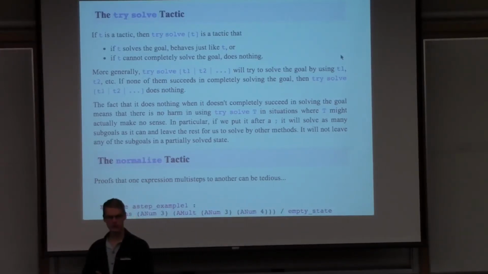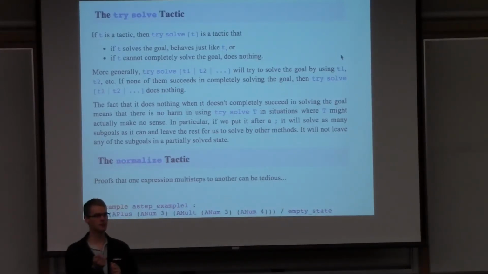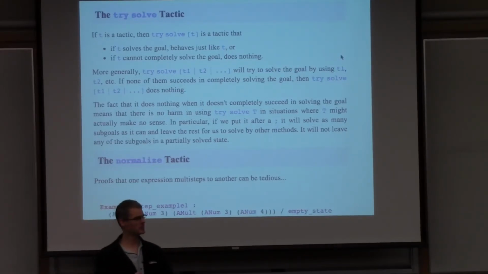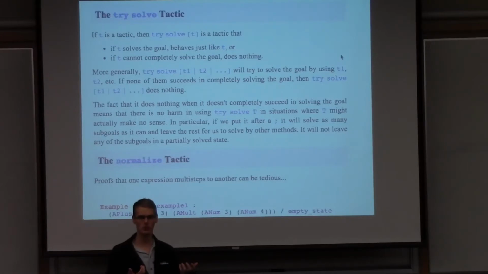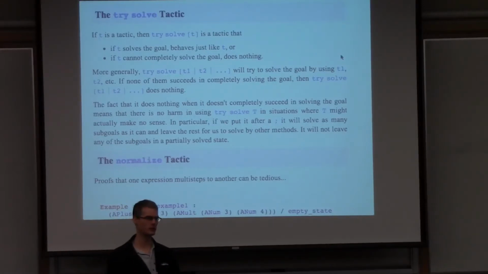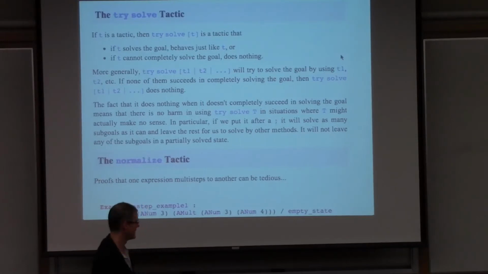Sometimes that's not what you want. Sometimes you want to try a tactic, but if it doesn't fully solve the goal, it's going to leave your goal state in a kind of mangled form that'll be confusing, or you don't actually want to continue in that direction. You just wanted to take one step, and if it didn't work, then step back. And that's what try-solve does.